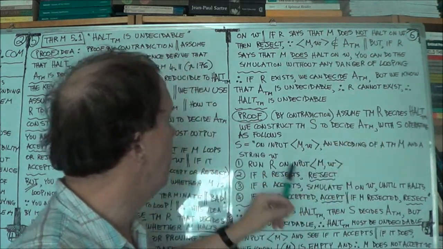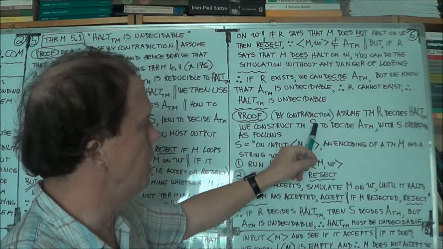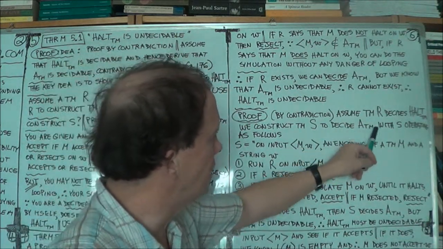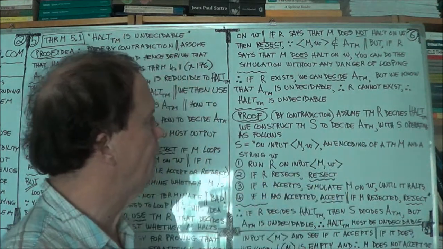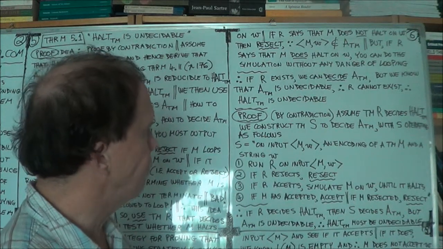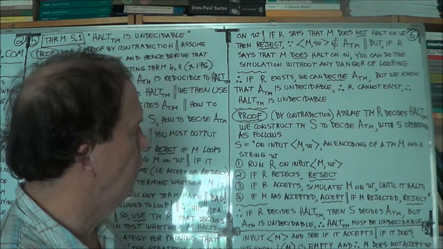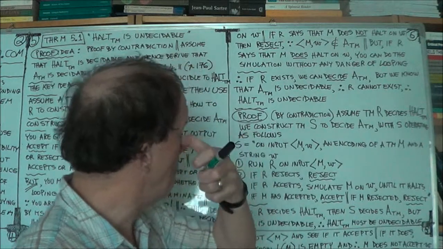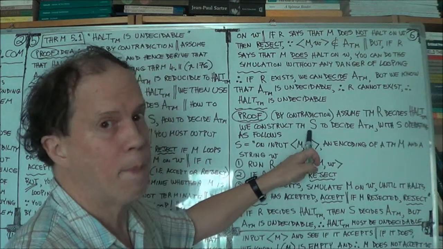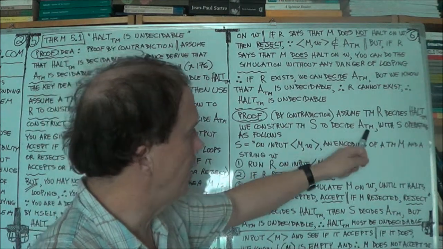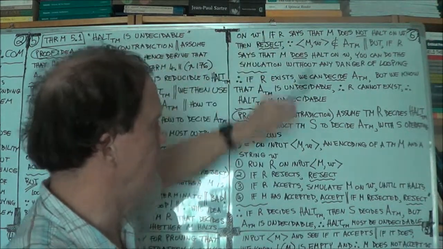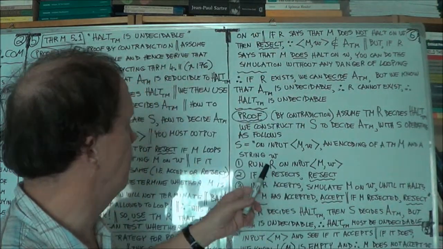We'll call it R. And then we'll construct a larger Turing machine S that uses R as a component, and this S will decide this language. So if there is an R, then by using R inside S, we can use S to decide ATM, and that's the contradiction. So that logic is the same as in the proof idea.